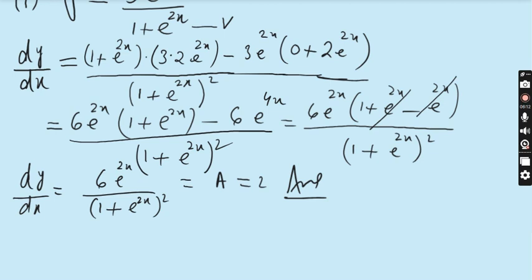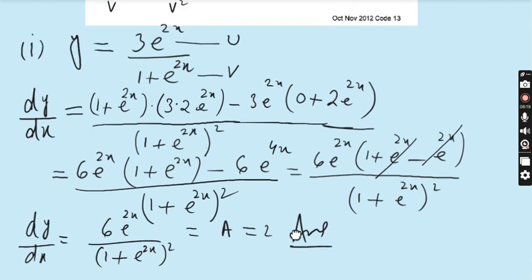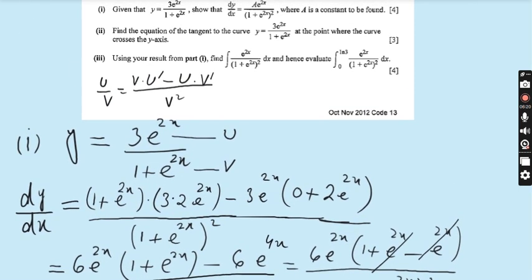Hope you understand. Now look at part 2. What is part 2? Part 2 is find the equation of the tangent to the curve y is equals to 3e^2x upon 1 plus e^2x at the point where the curve crosses the y-axis.